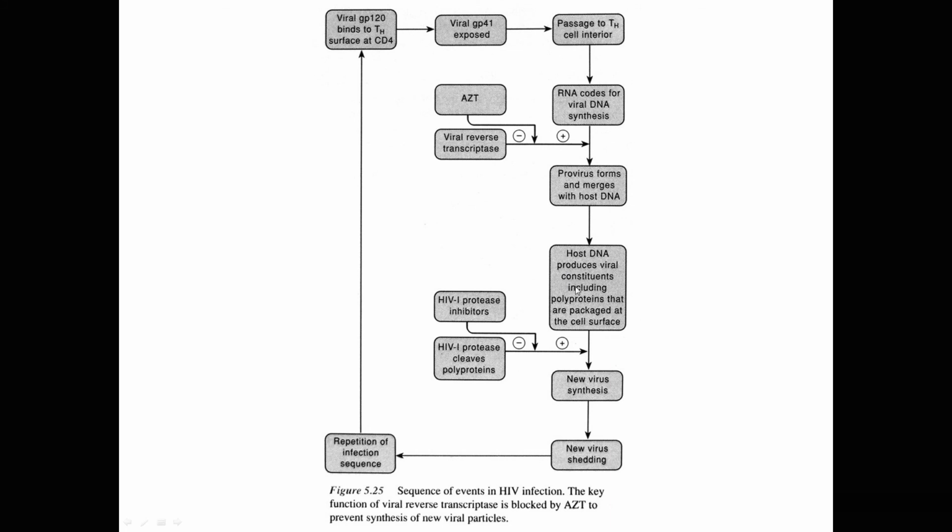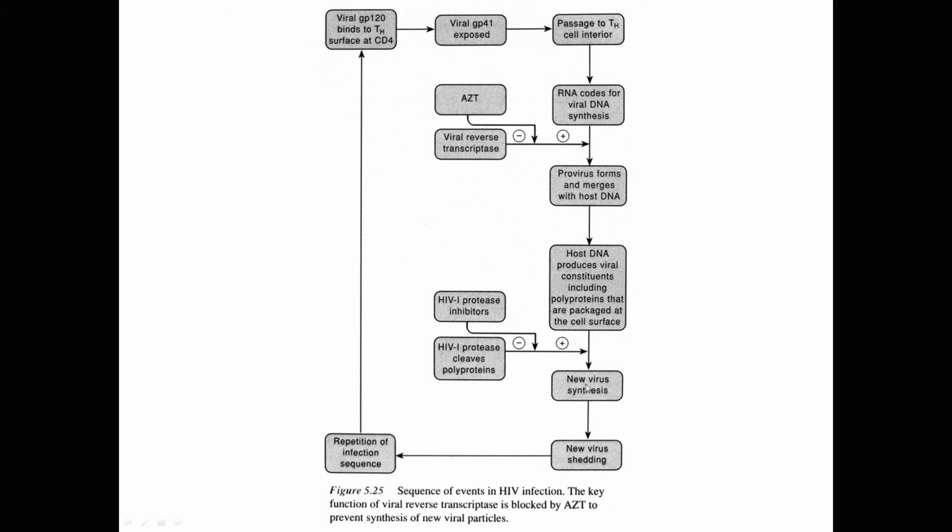So the host DNA will be engaged to produce viral constituents, including polyproteins, packaging them on the cell surface, and as a consequence, new virus synthesis. This may be again blocked by protease inhibitors.